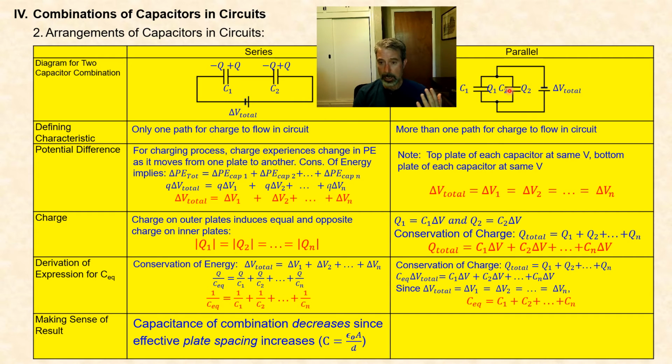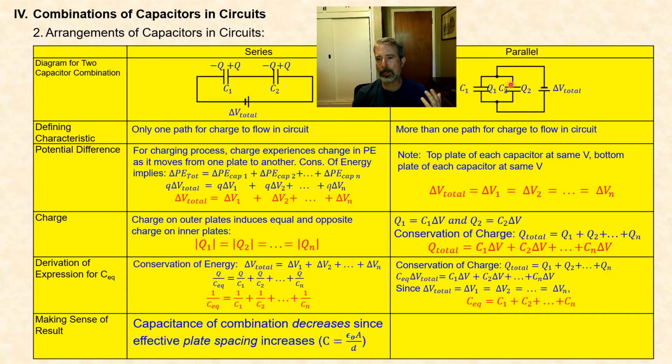Contrast that to the case of the parallel arrangement. When you add capacitors in parallel, what are you effectively doing? You are effectively increasing the overall or average plate area. So having two capacitors in parallel here, basically this plate area plus this plate area, it's as if we're increasing the effective plate area.